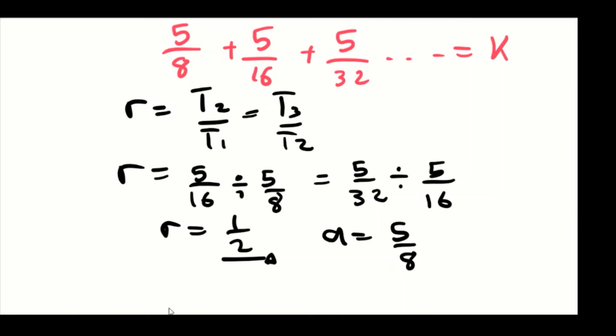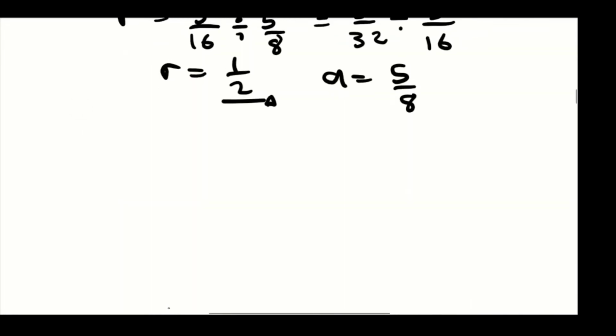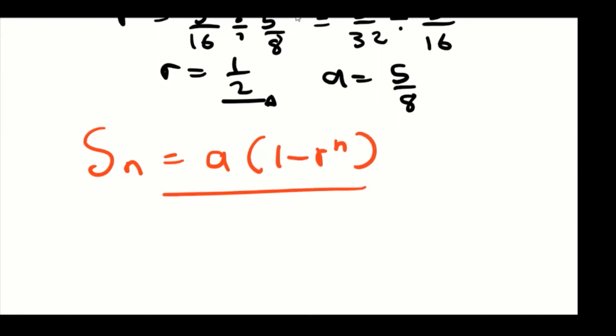We can simply find the sum of the sequence and equate it to this k, because k is actually Sn. So the geometric series equation of the sum is Sn equals a into 1 minus r to the power n divided by 1 minus r, right?